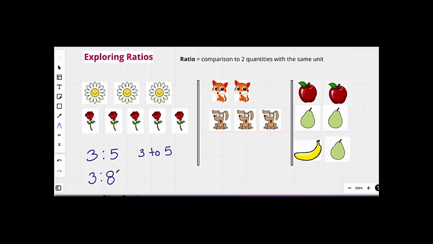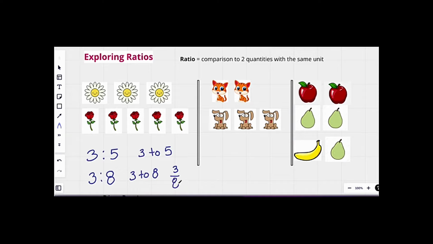So when we're comparing this on a part-to-whole ratio, it means that we're comparing a part, in this case the daisies, to the whole, and the whole is all the flowers. We've got 3 to 8, or we can write it as a fraction, 3 over 8.